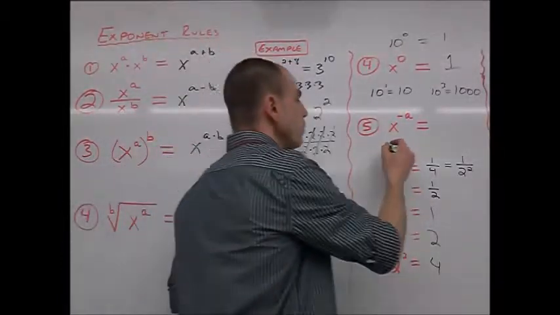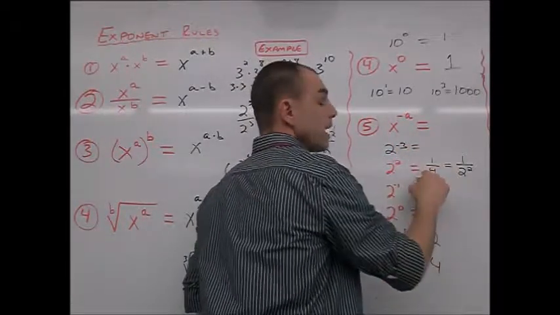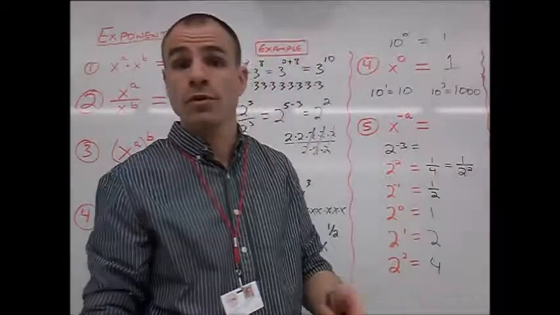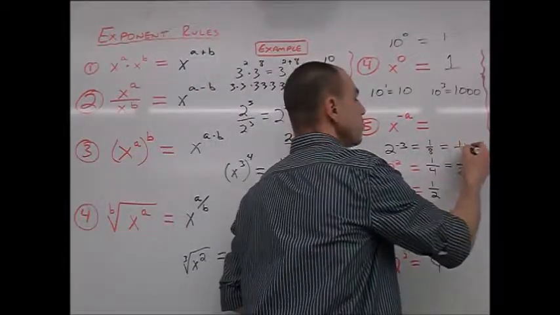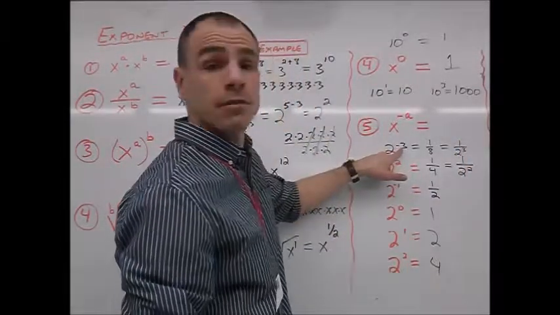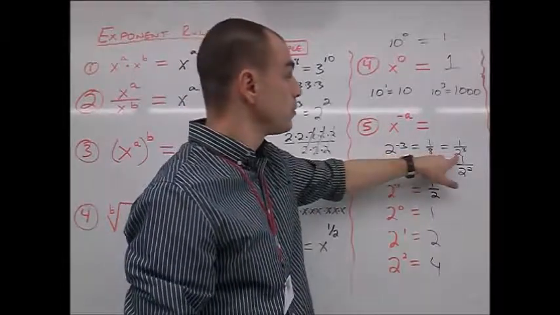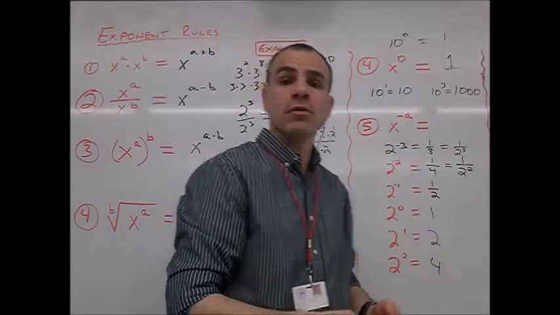All right, if we put in one more here, 2 to the negative 3, well, that's half of a quarter. Half of a quarter is an eighth. And that's the same thing as 1 over 2 cubed. So 2 to the negative 3 power is 2 to the positive 3 power as long as it's moved down into the denominator. That's our rule in general.